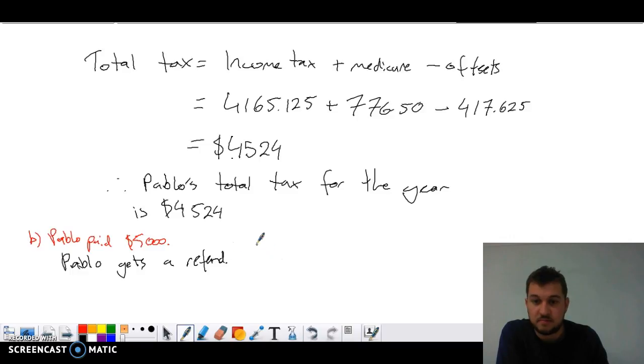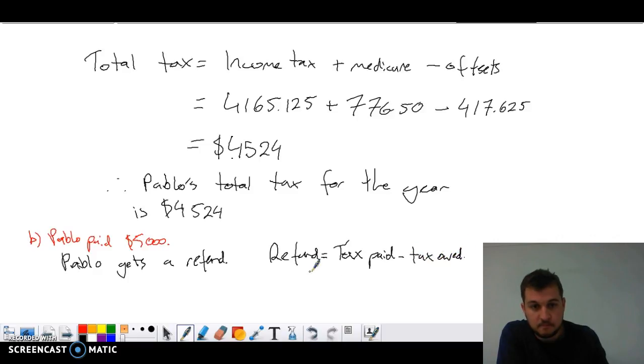And how much is it? Well, his refund, it's pretty easy to work out. It's just a simple takeaway. His tax paid, take away how much tax he owes. So his tax that he paid is here, $5,000.